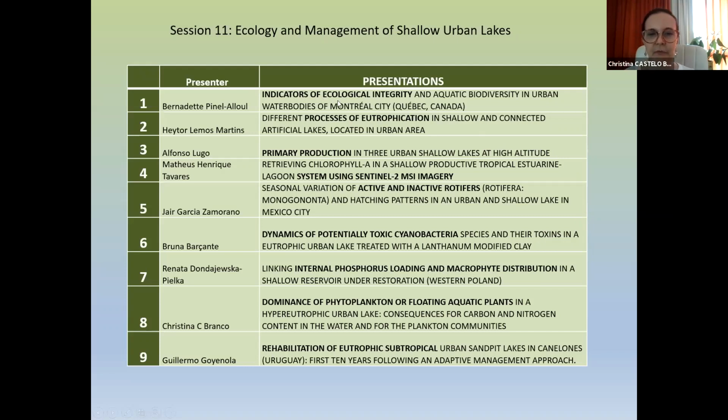such as indicators of ecological integrity, the process of eutrophication, primary production, satellite methodology to follow chlorophyll values, and the study of some specific communities, such as rotifers, dynamics of potentially toxic cyanobacteria, internal phosphorus loading and macrophyte distribution, dominance of phytoplankton versus floating aquatic plants, and rehabilitation of a eutrophic subtropical urban sandpit.